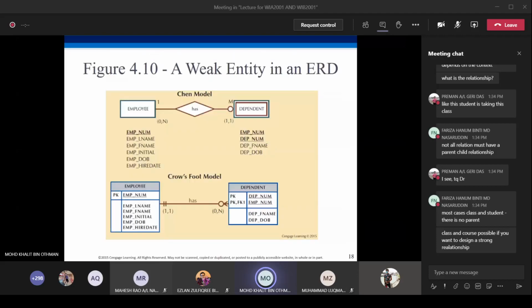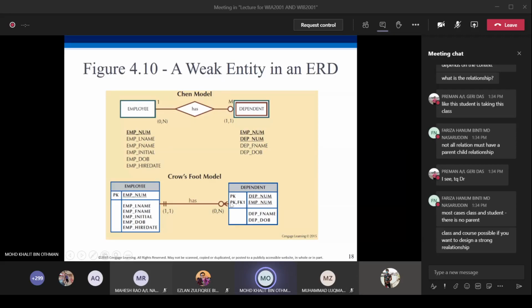But using this diagram, it is easier for us to see clearly the strong relationship between the employee entity and the dependent entity, because we can see here the PK and FK for dependent are inherited from the employee table, which is employee number.